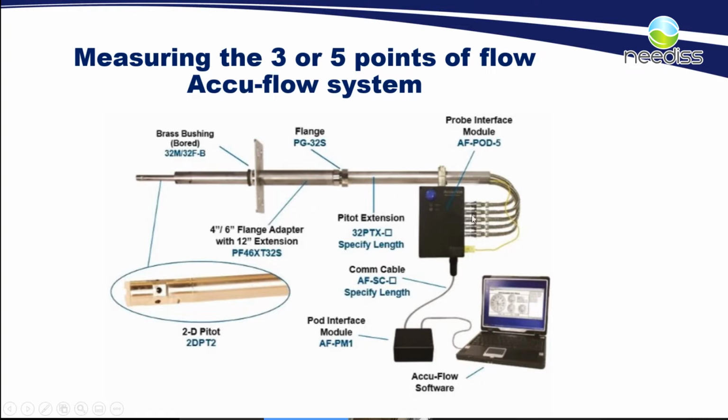And what this box will do is it will help us again record our null angle and our yaw angle, pitch angle if we need it. It also has digital pressure sensors in here rather than our Magnehelic for recording all of the pressure data coming from the 3 or the 5-hole pitot that we have attached for this method.